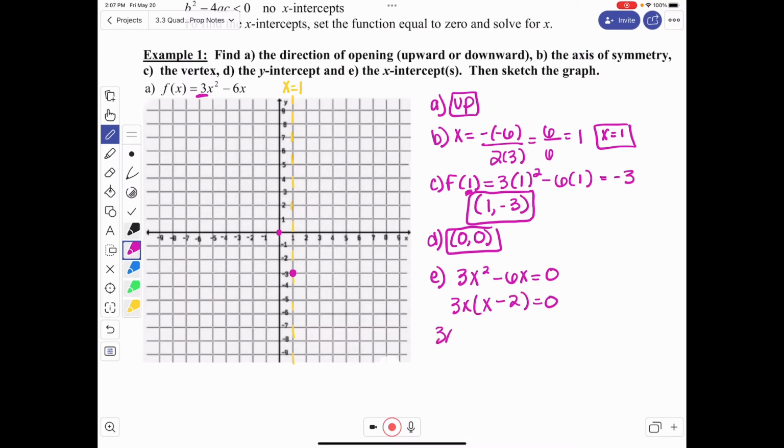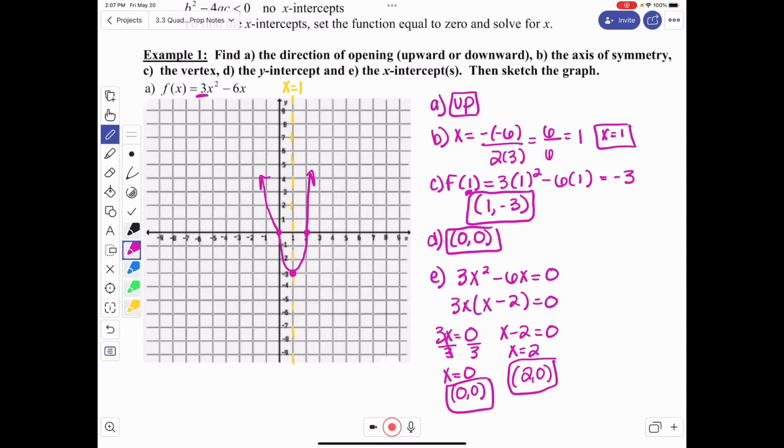If I set each equal to 0, here I have to divide by 3, x equals 0. So one intercept is at (0, 0). Here, if I add the 2, I'll get x equals 2, so my other intercept is at (2, 0). I've already got (0, 0) plotted. I'll plot (2, 0), and now I just draw my parabola.